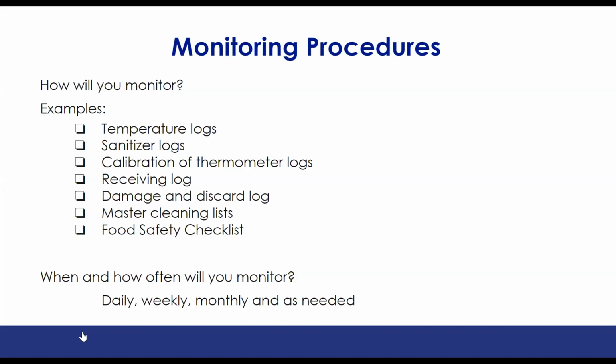Your damage and discard log. Now that you're not going to use as much, hopefully, because those would be damaged items that either have been accepted and maybe somebody drops a can, or maybe something happens or there's a recall.